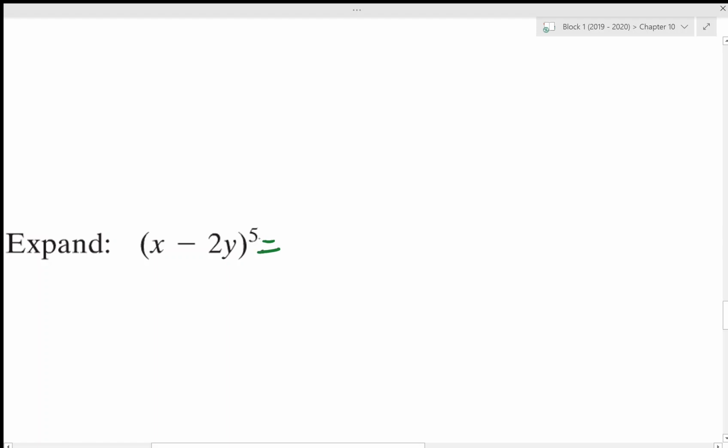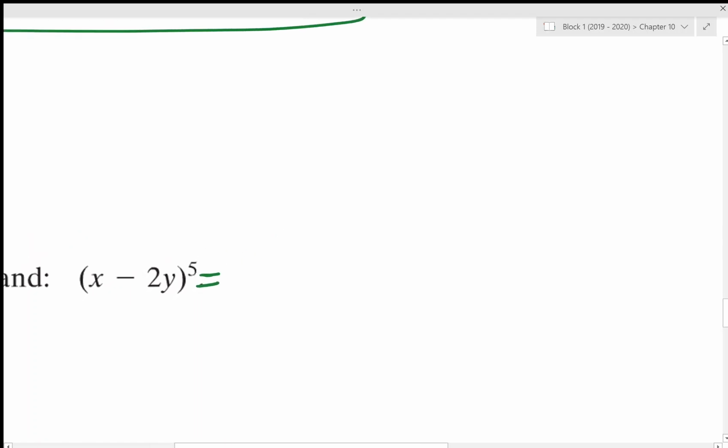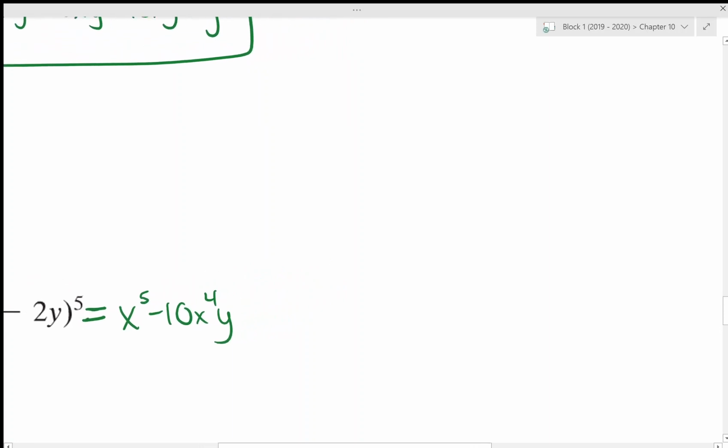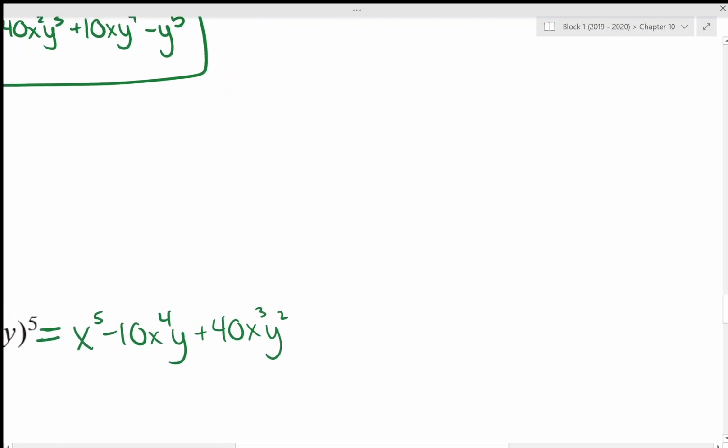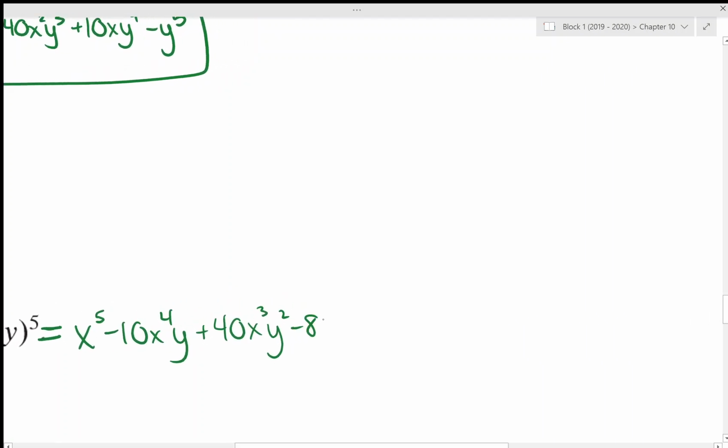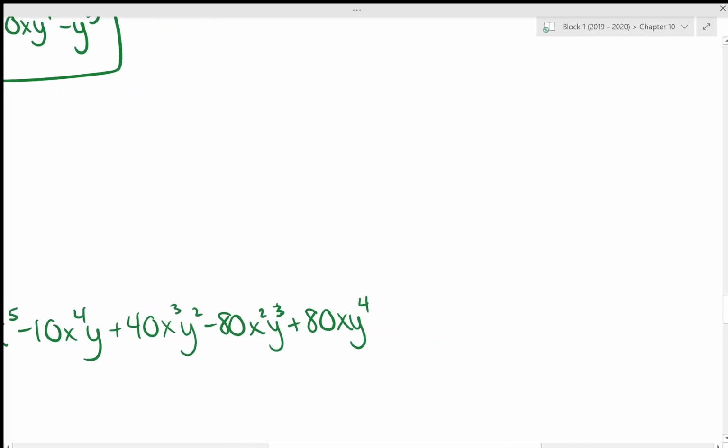So your answer we should have got for this should have been x to the 5th minus 10x to the 4th y plus 40x cubed y squared minus 80x squared y cubed plus 80x y to the 4th minus 32y to the 5th.